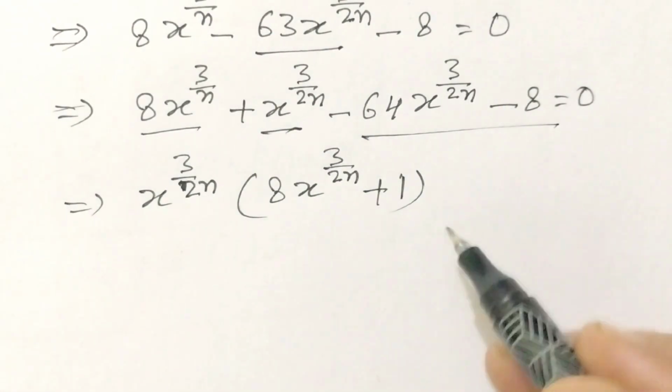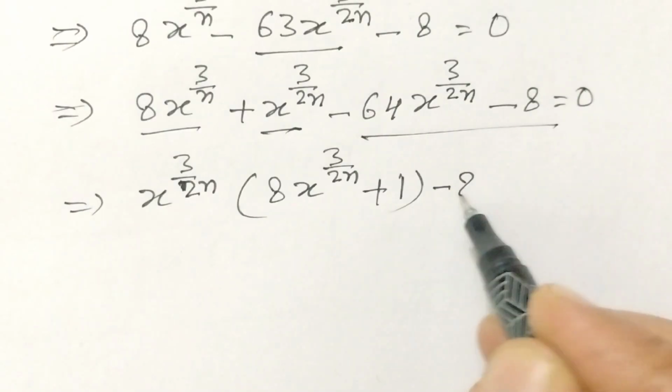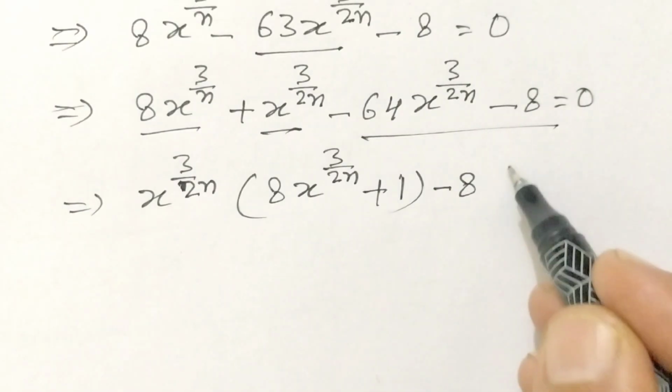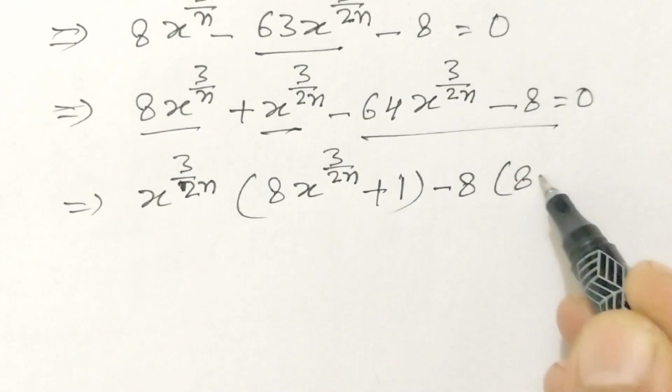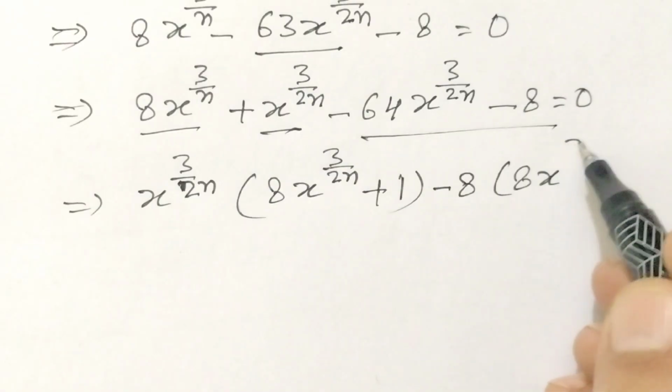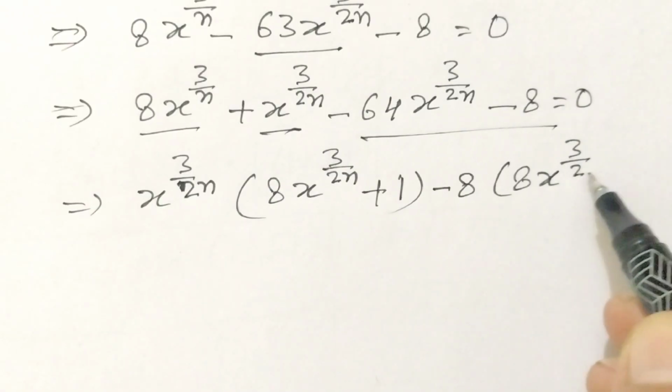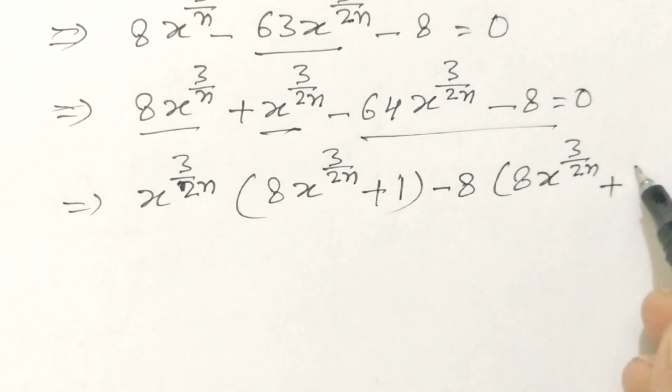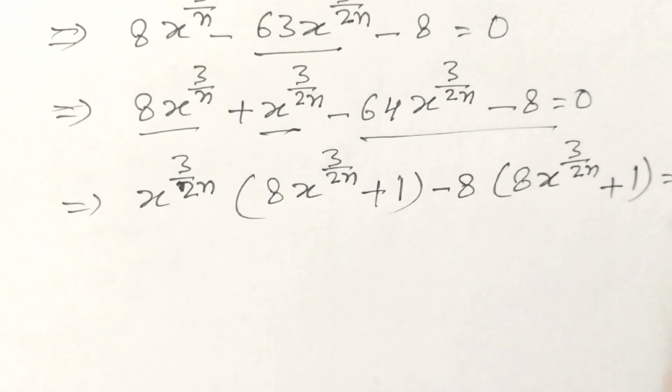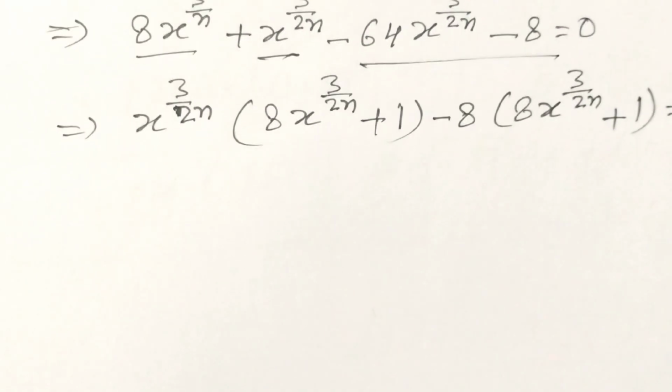Now we will take this minus 8 as common. So 8x^(3/2n) plus 1 is equal to 0, right?